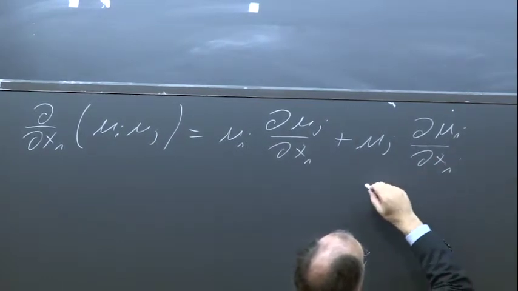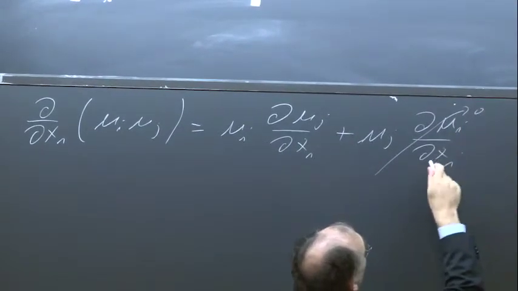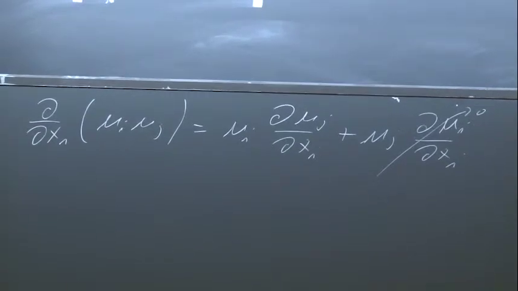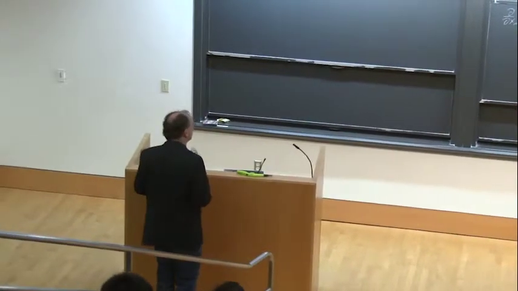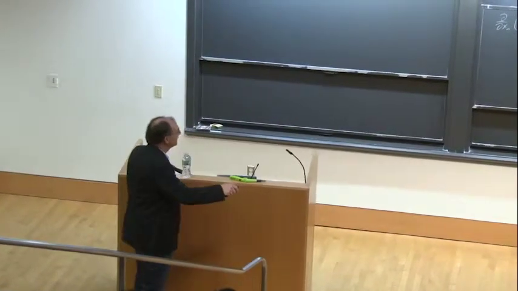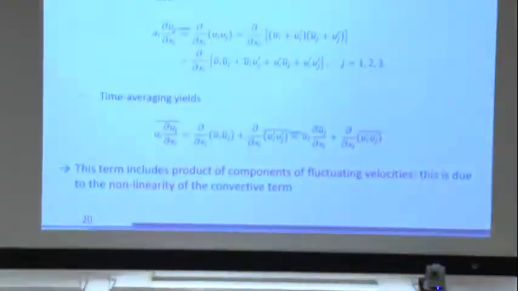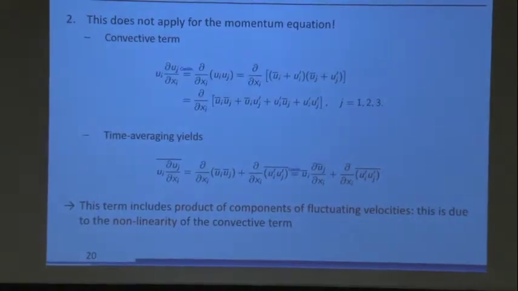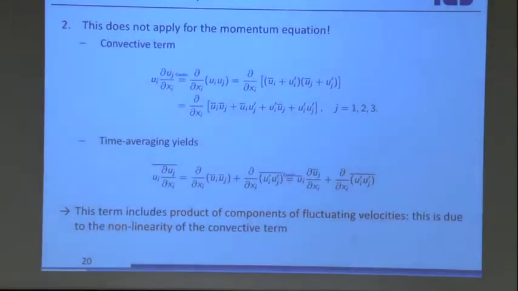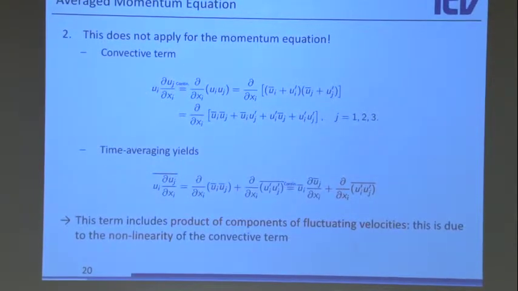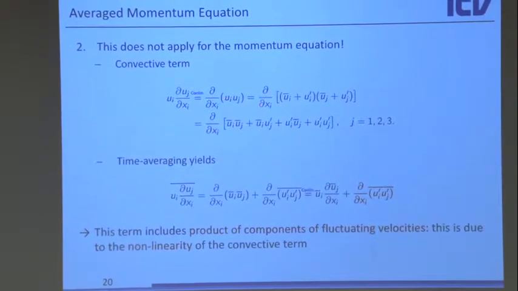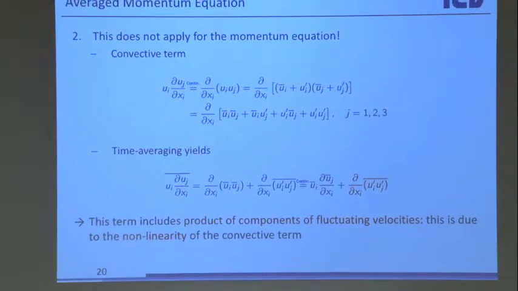And this last term is 0 by the continuity equation, right? The continuity equation is du_i by dx_i equal to 0. So we can always move this velocity with the index i inside or take it outside. So this is equal to this, okay?